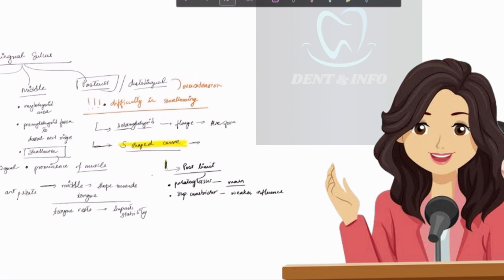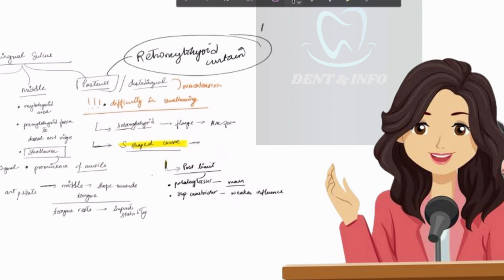So this region is sometimes also called the retromylohyoid curtain region. And here also there is a specific bulging that happens. When the medial pterygoid contracts forcefully, it can create a bulge in the retromylohyoid curtain.